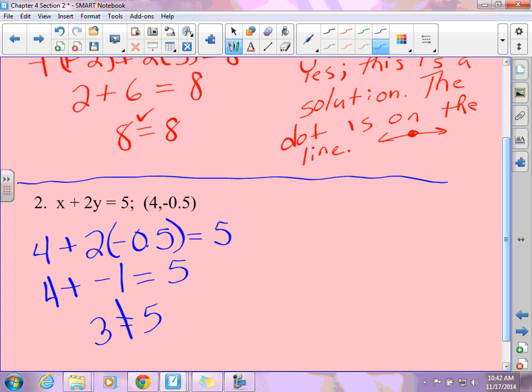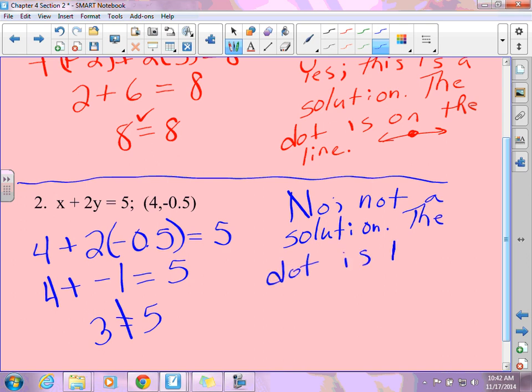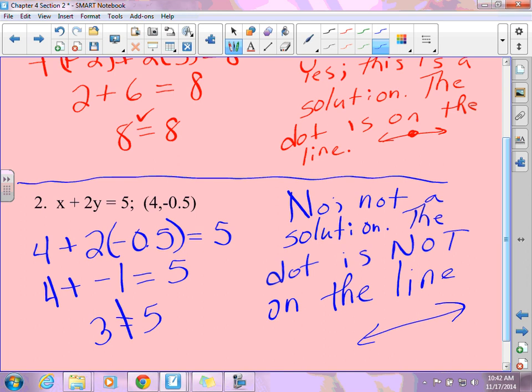So no, not a solution. The dot is not on the line. So you got a line and it's off the line. Okay?